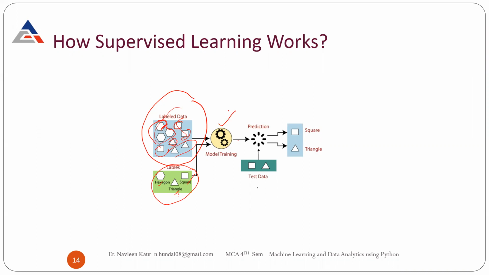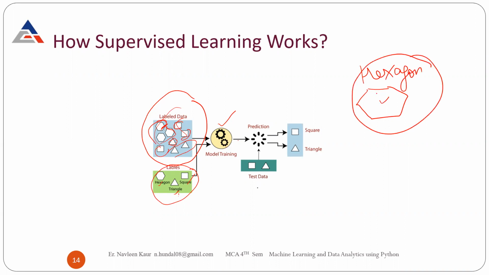It knows that this is a hexagon. Whenever it gets a shape, your machine knows nothing about it. But when you apply a label to it, your machine knows that this shape has the label hexagon. So if a similar shape comes, I will consider it a hexagon. The second shape you are sending, your machine knows nothing about it.